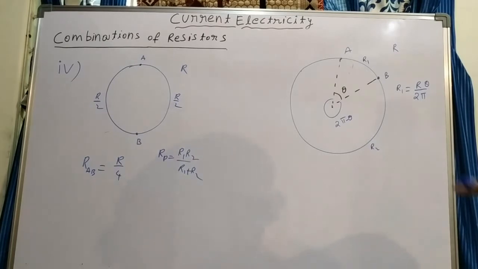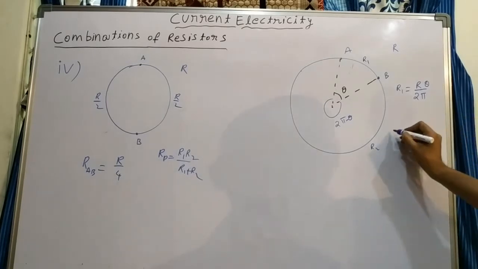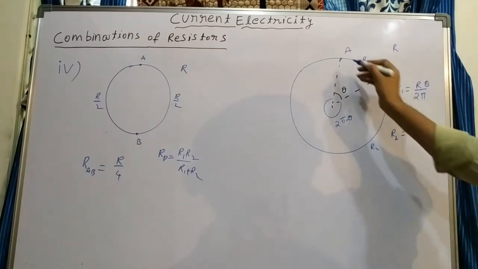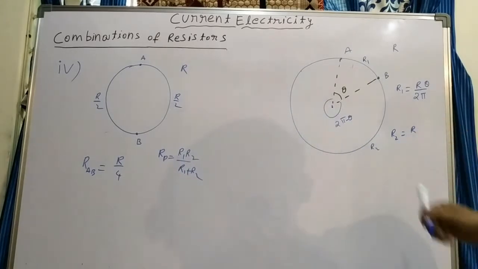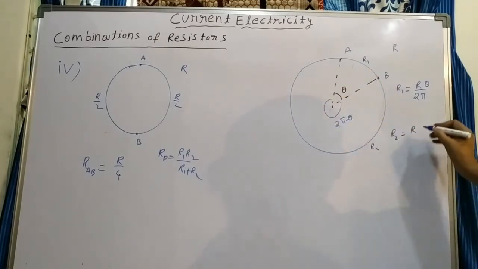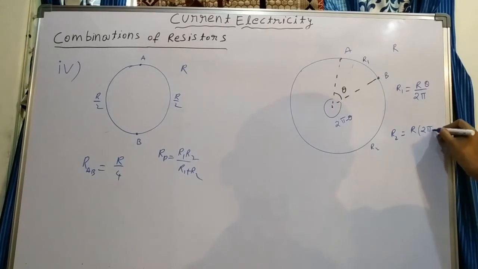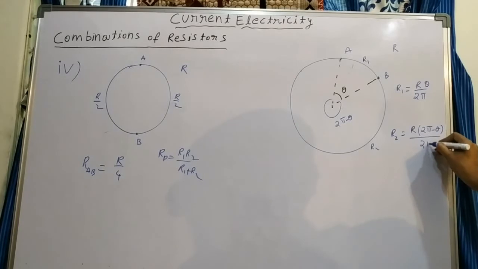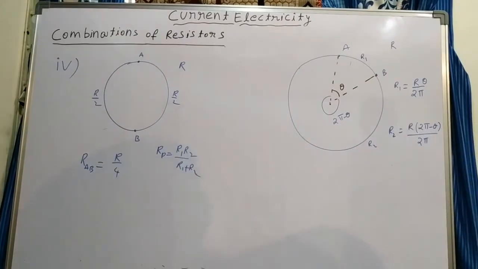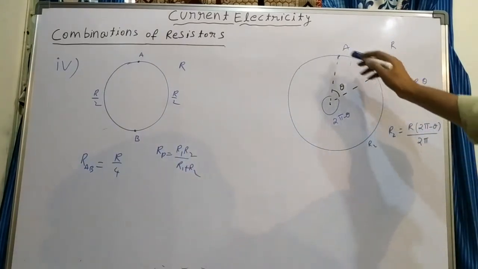What can you write here? R is proportional to theta. Similarly, what about R2? The resistance of the second part of the wire: total resistance into the angle that part makes at the center, that is 2 pi minus theta, so you can write R into 2 pi minus theta by total angle 2 pi. We know the R1 and R2 values.